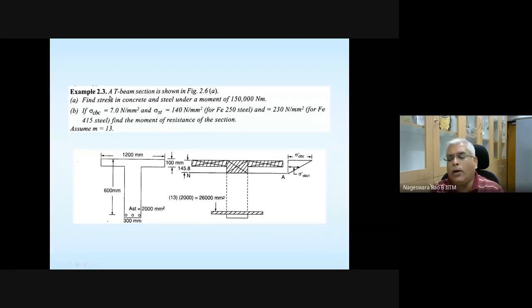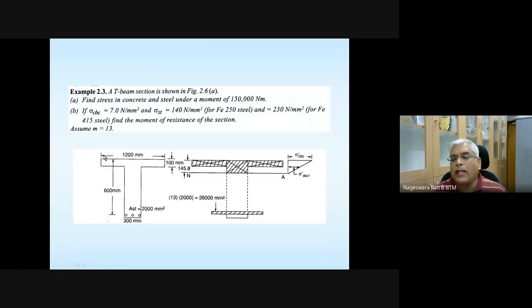Please note down in your notebook, because for better understanding, I cannot flip back and forth between the slides. If you have that information in front of you, it will be easy for you to understand. Take a note of this T-beam section, and please note that this part is called flange, and this part is called web. Flange of T section and web of T section.